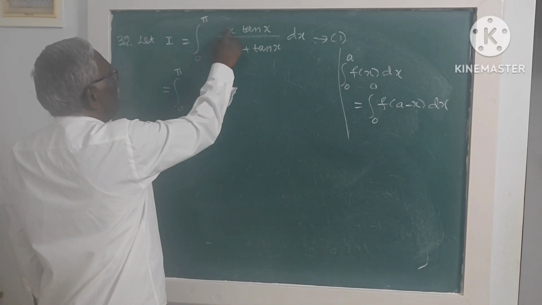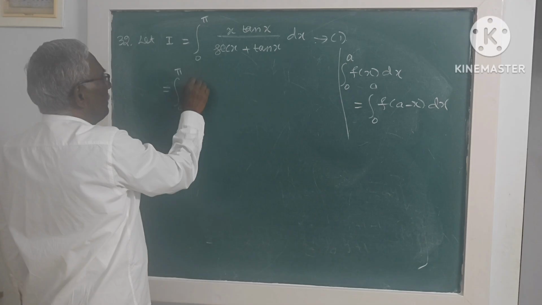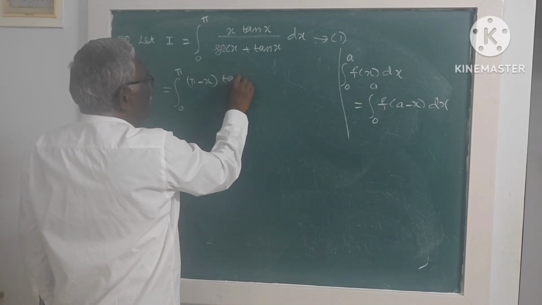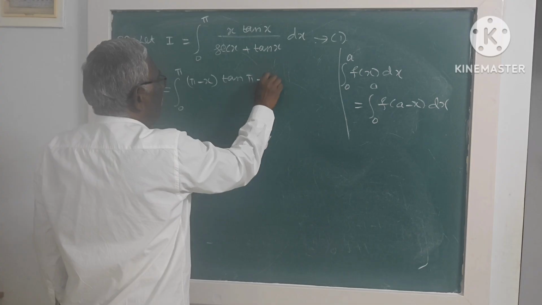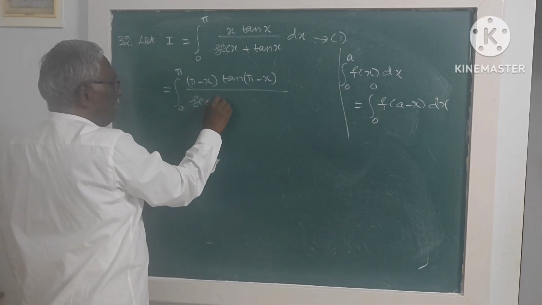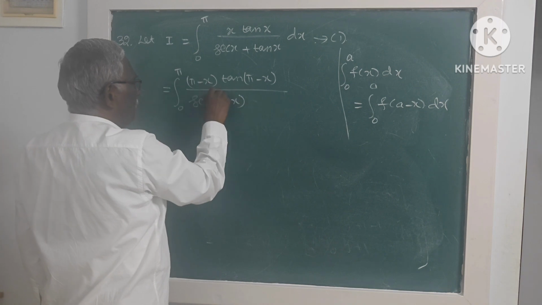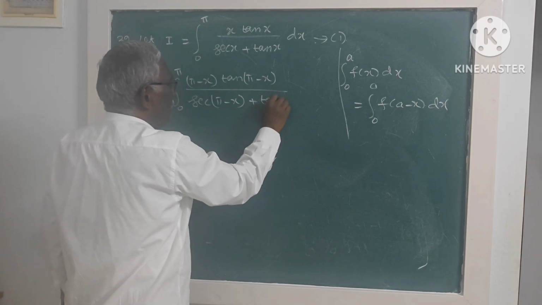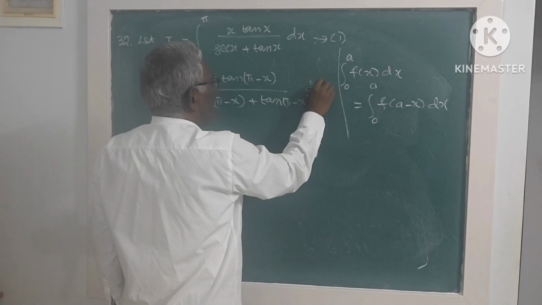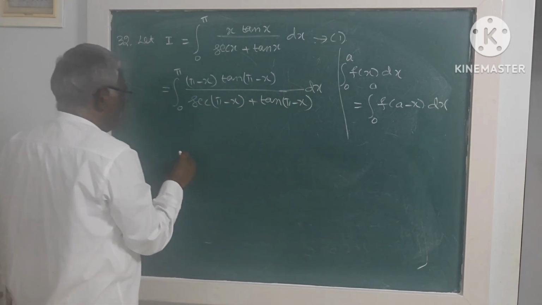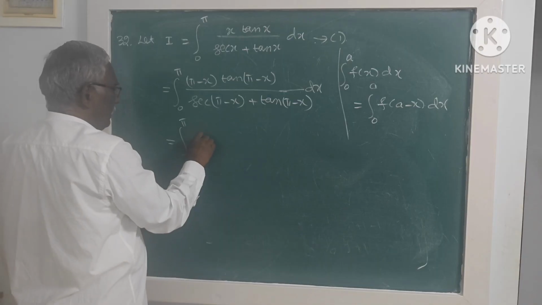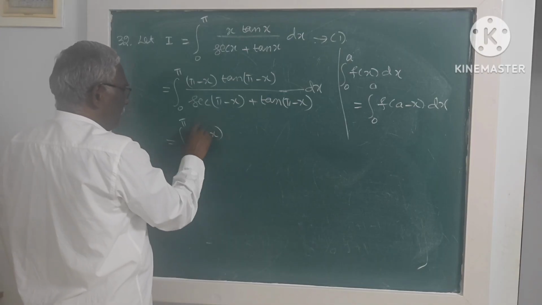X by a is pi here. So pi minus x into tan of pi minus x by secant of pi minus x plus tan of pi minus x dx. So this is equal to 0 to pi, pi minus x.